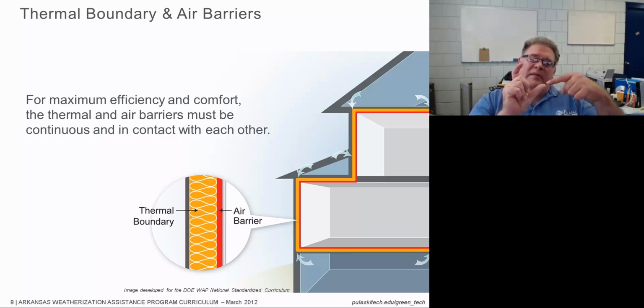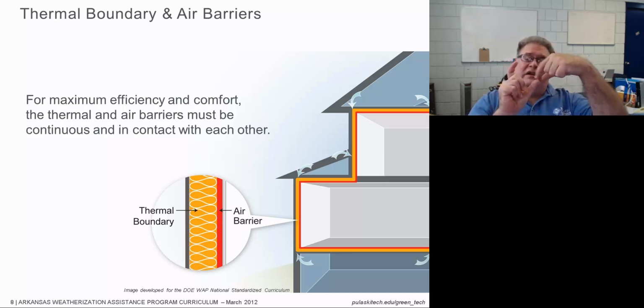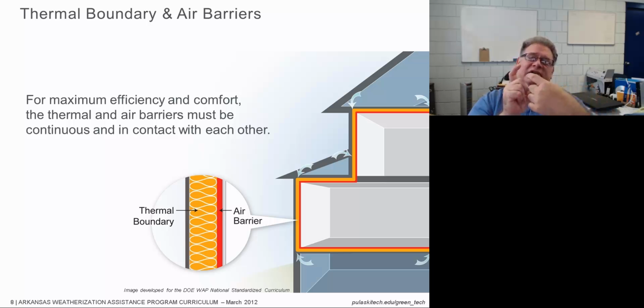If you have a void on the air barrier side, you're going to have convection in here, and that convection is going to get stronger and stronger as it heats up and moves into the insulation. So your insulation may have started off at 3.5 inches, but effectively it may only be performing at 2 inches after a couple of hours, which means that you've lost a good bit of R value just from convective heat loss.